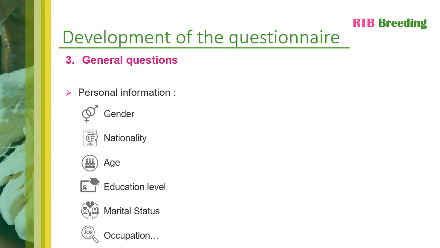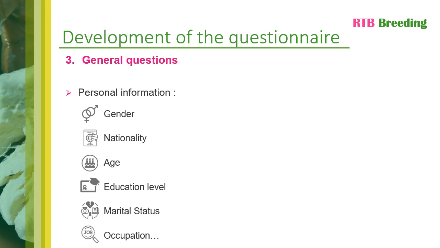Having completed the overall assessment and JAR questions for all the samples, we now come to the final part of the questionnaire, which deals with the general questions to be asked of consumers. The first part of these questions concerns personal information, such as the consumer's gender, nationality, ethnic group, age, level of education or qualifications, personal situation, whether they are married, single or widowed, and their occupation.